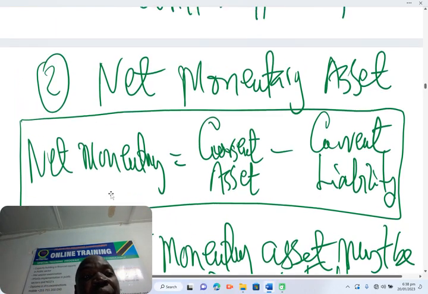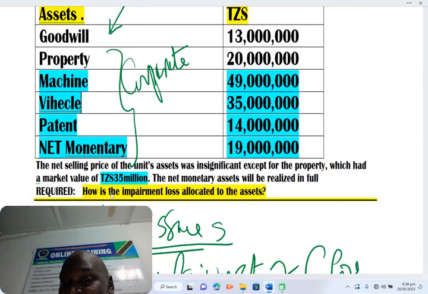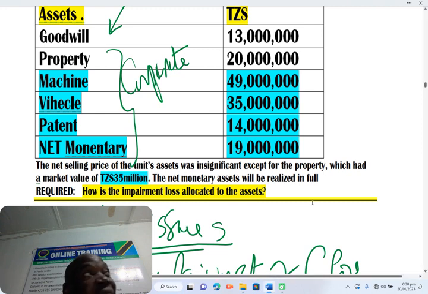So let's see. There is a note here. The net selling price of the unit was insignificant except for the property which had a market value of how many?